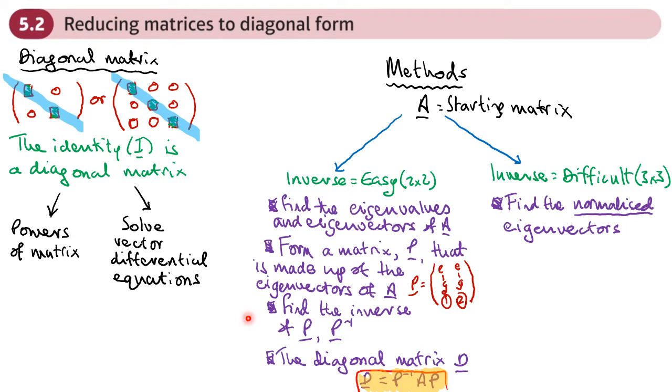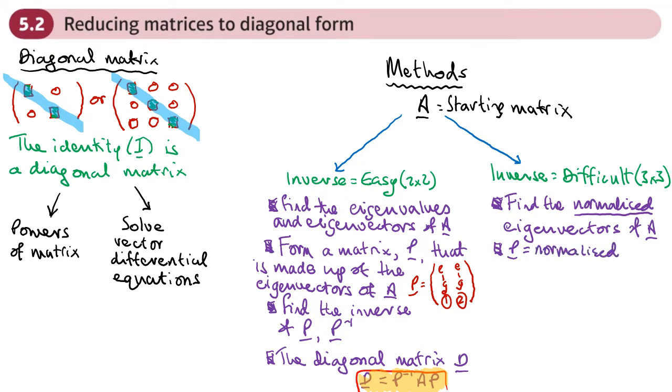It's similar to this step here, but when we find this eigenvector, we're going to normalize it, dividing it by its length. So find the normalized eigenvectors of A. That's the first step. Then the second step is to write P equal to these normalized eigenvectors.